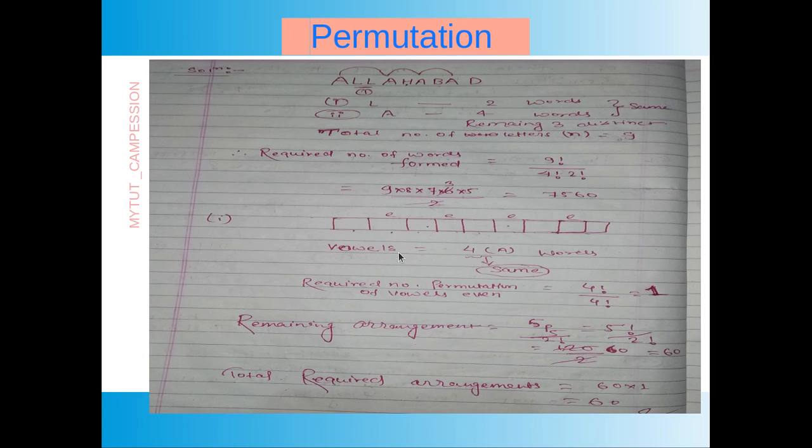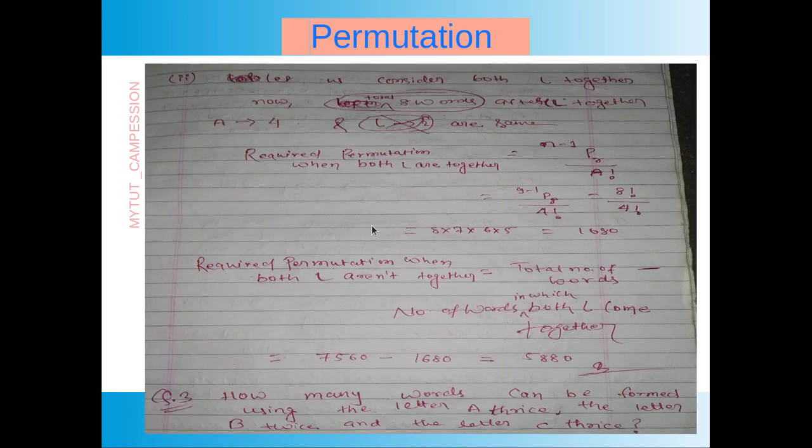Then you have remaining only 8 boxes, and when the two become one, it becomes 8 boxes. Now here is 8 factorial divided by 4 factorial.